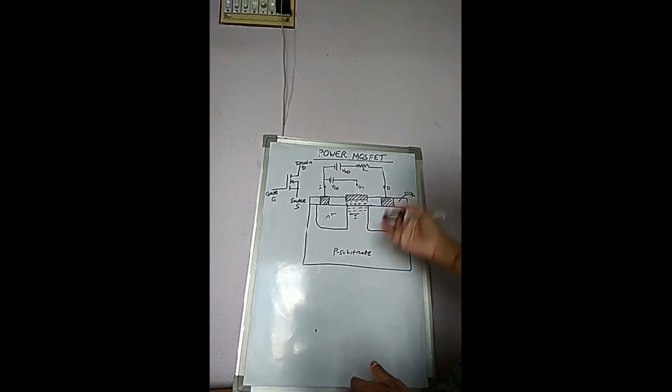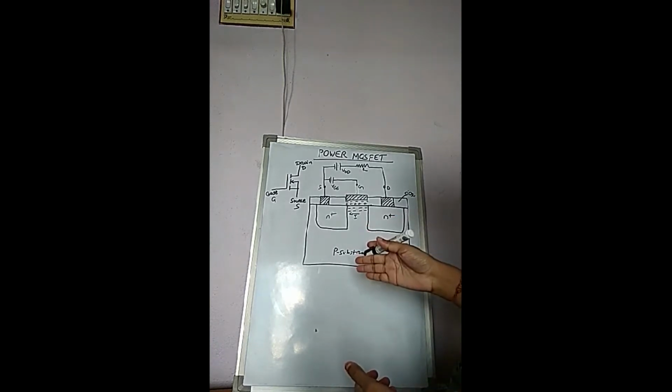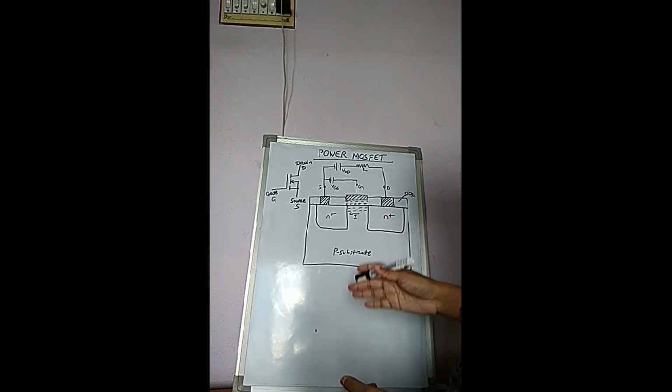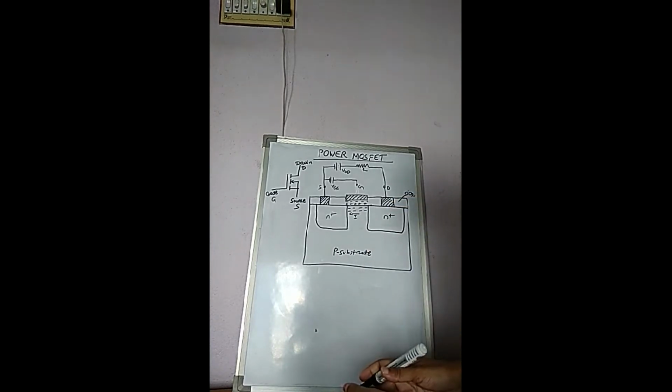You have to note down all the differences between BJT and MOSFET. It is a very important long question. BJT is a current control device, whereas MOSFET is a voltage control device. BJT is a bipolar device, MOSFET is a unipolar device.